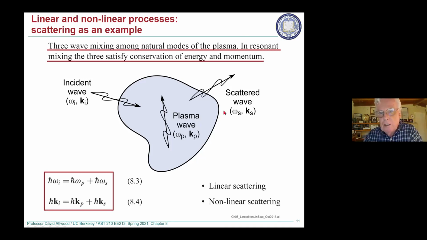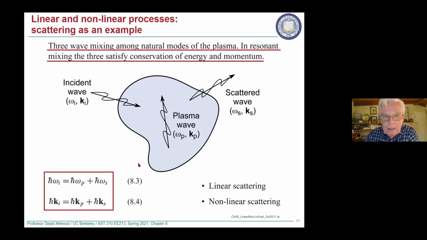And when you look at the equations, the Maxwell's equations with the currents and everything else, you find, as we did for a general scattering diagram in chapter 3, that there was a vector relationship between the K vectors, and there's a relationship among the frequencies.